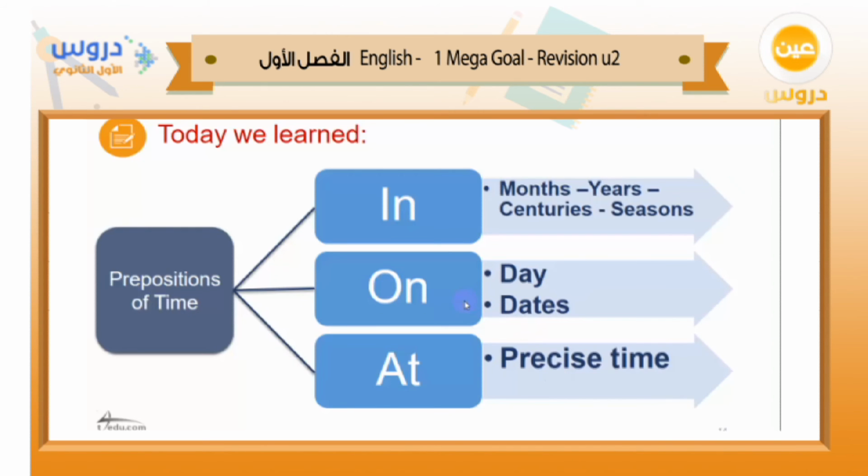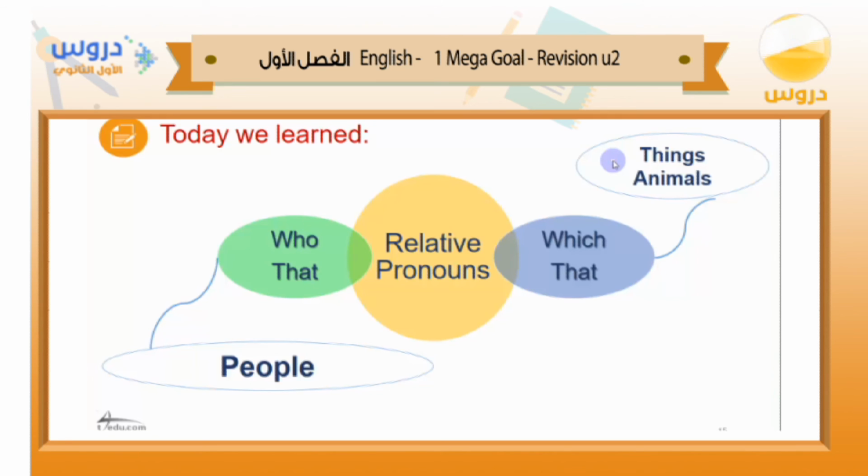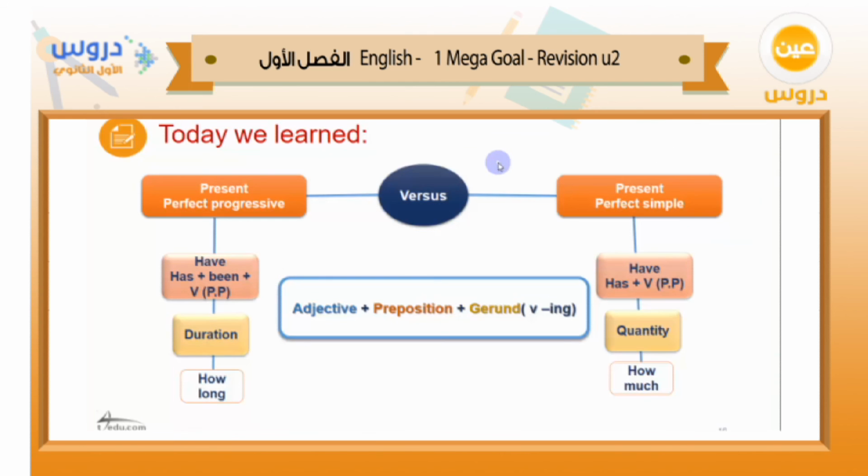Day and days come with on. Months, years, centuries, seasons come with in. And in the relative pronouns, who, that come with people, and which, that come with animals, or we can say with things generally. So in the relative pronouns, we have who, that, and which, that. Who, that come with people, simply, which, that come with things or animals.